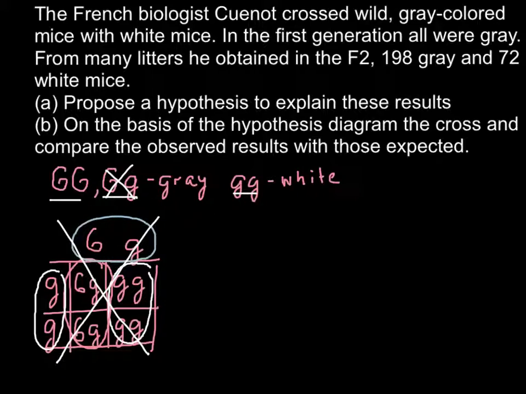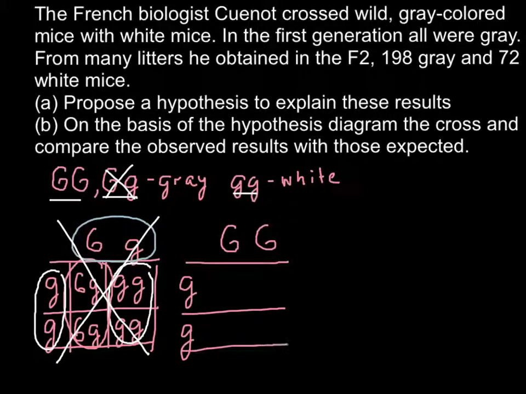And as in the previous example, for the white we have only small g, small g. So if one parent for the gray color would be capital G, capital G, and for the white would be small g, small g, such a cross would produce only one genotype and only one phenotype.